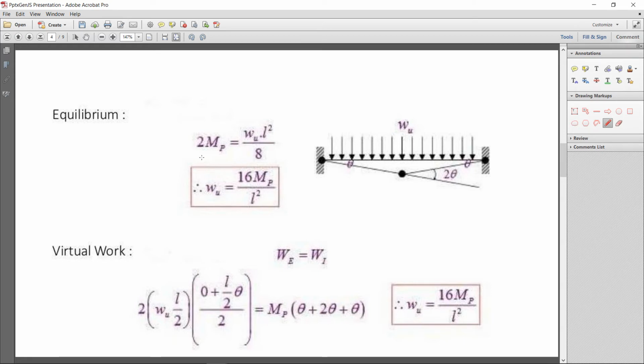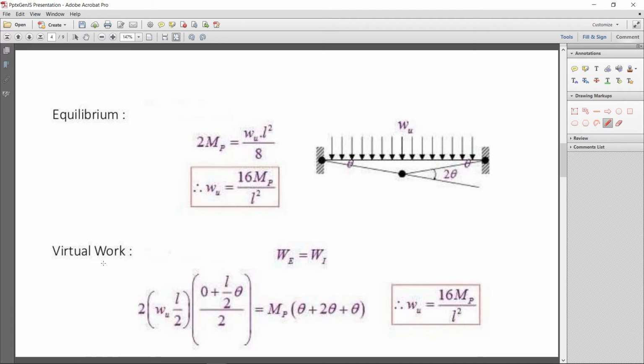That's why 2 Mp equals wL square by 8. So 8 take on the other side, divide by L square, you will get the collapse load, that is 16 Mp over L square.